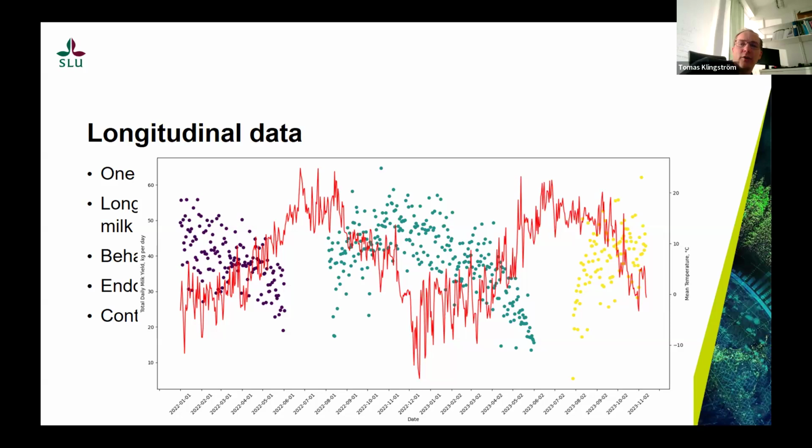And we can also here see the importance of combining different measures. The red line you see here, that is the temperature humidity index at the farm during this period of life of the dairy cow. So what we see here is that it's very hard to get the information because you have such high variability.